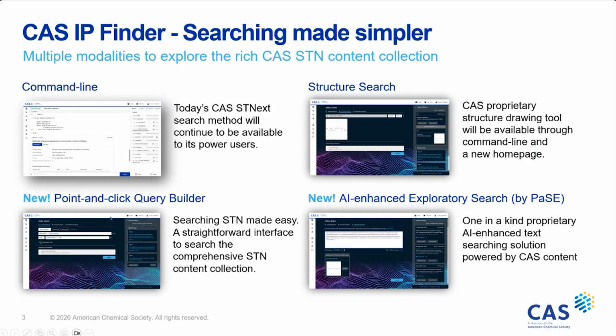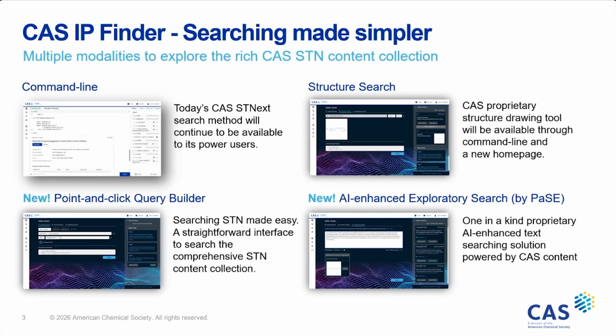We have a new point and click query builder for when you wish to search via text in various databases and searchable fields. This certainly makes it a lot easier for those that struggle with remembering field codes or database names. And we also have a new AI-enhanced exploratory search.